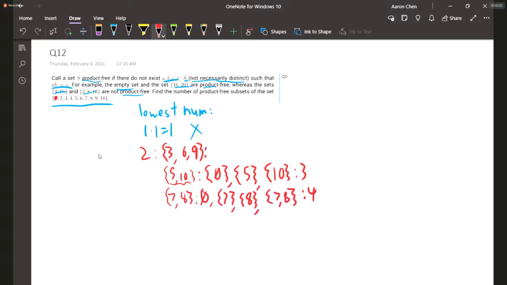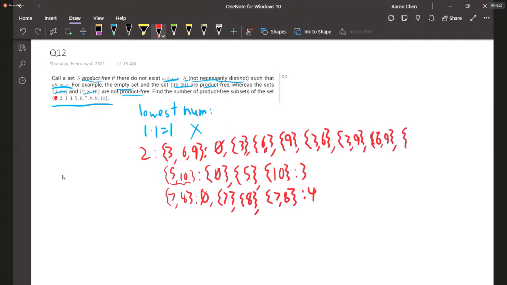For 3, 6, 9, we need to be more careful. So we have the empty set. We have the set {3}. We have {6}, {9}, {3, 6}, {3, 9}, {6, 9}, and {3, 6, 9}.